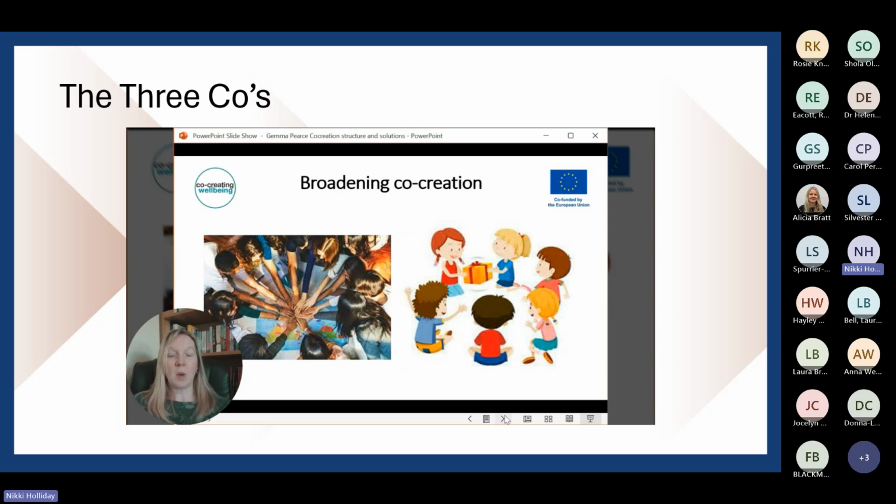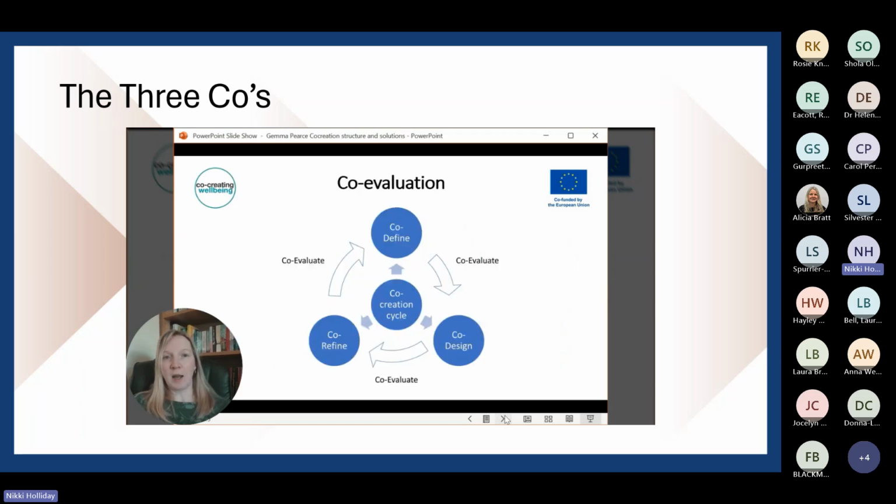And so that was one of the reasons why we developed this co-creating wellbeing project, in order to look at the use of online, or a mixture of online and face-to-face co-creation methods. And another thing that we wanted to look at in co-creation was the thing that had been brought up about how you evaluate it. And so that's another part of the co-creating wellbeing project.